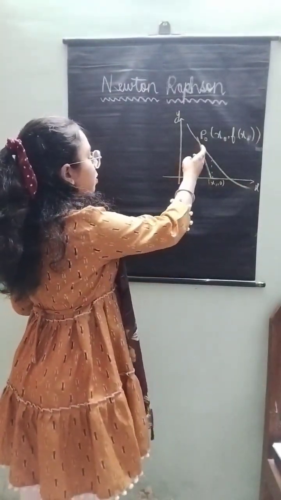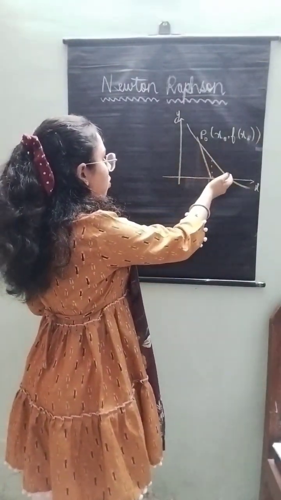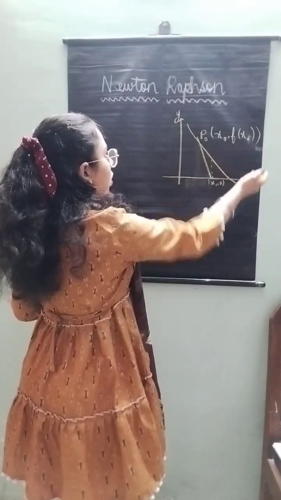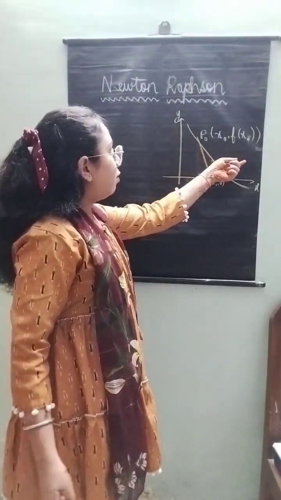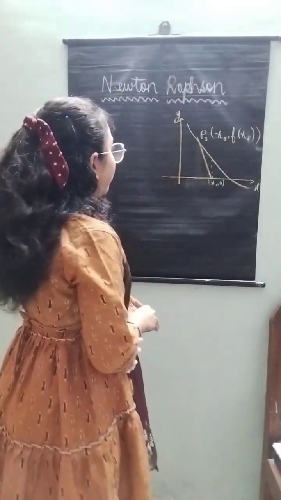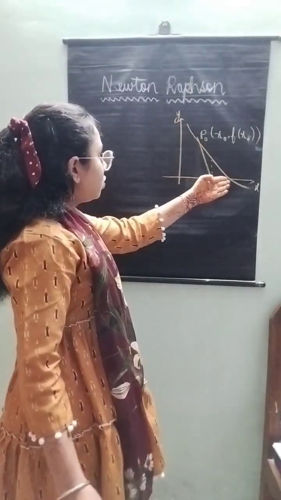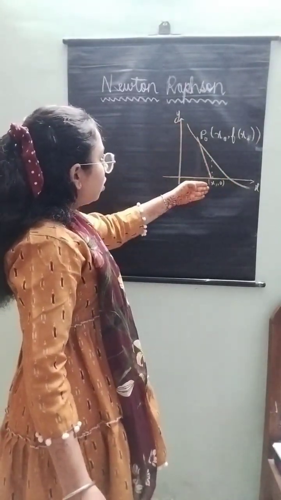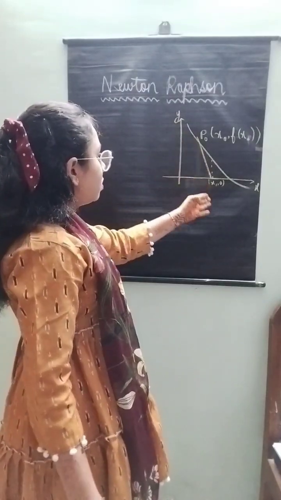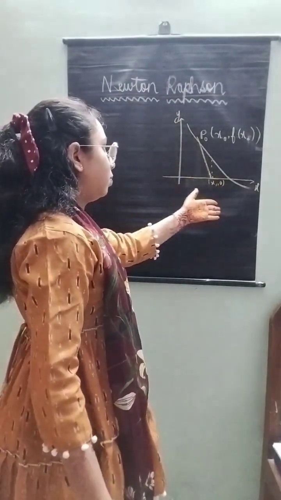Here is a point, P naught, which has the coordinates x naught and f of x naught. Here we have drawn a tangent, and through the tangent we get the coordinate x1 comma 0.